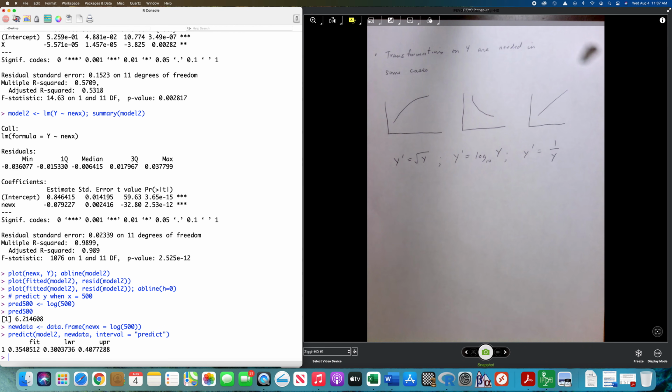All right, so for an x value of 500, the fit would be 0.354, but the 95% confidence interval would run from 0.30 to 0.41. So again, the prediction of a new value requires another step, but this is the way we would work this.